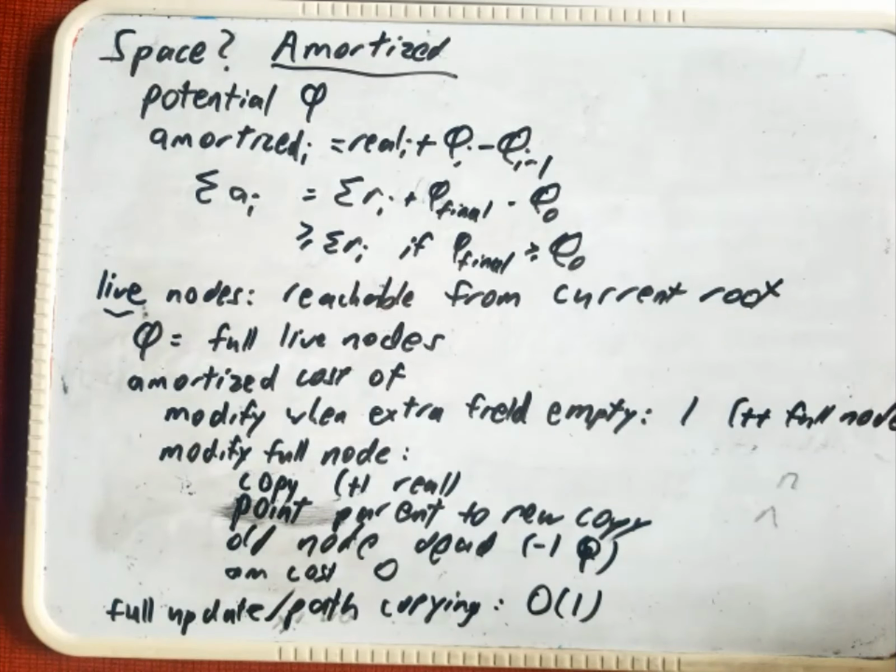Okay, so now we have a very powerful technique because this method allows us to spend only one unit of space per modification and get lookups which are only an additive factor of log t slower than the cost of using the original data structure.